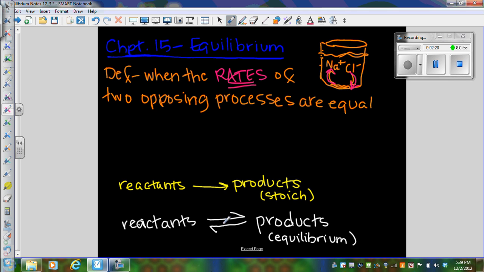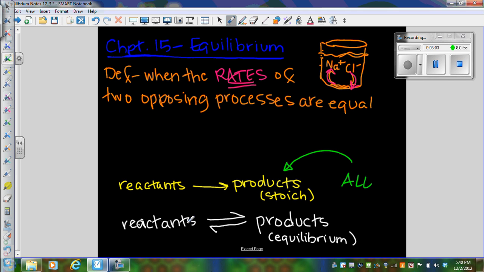So when you think about some kind of standardized test like the AP exam, when they give you a reaction and you see a one-way arrow, that's going to be representing stoichiometry, some kind of process where if the reactants react completely with each other, you get all products or 100% products. If you have a limiting reactant, then you'll have some excess reactant left over. But if all of the reactants completely consume each other and you end up with all products, that's stoichiometry.